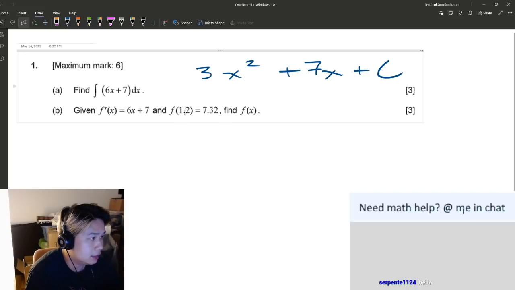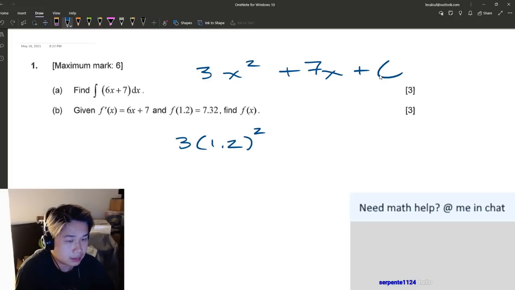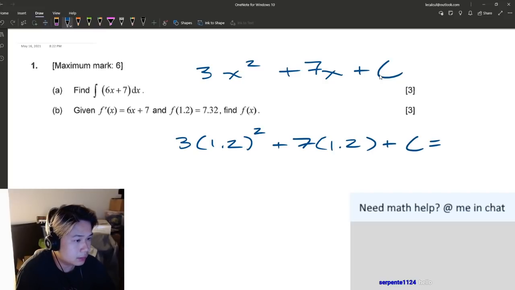And to do that, they told us this piece of information. If we just plug in 1.2 for x, it will equal 7.32, then we can solve for c. So basically 3 times 1.2 squared plus 7 times 1.2 plus c is equal to 7.32.